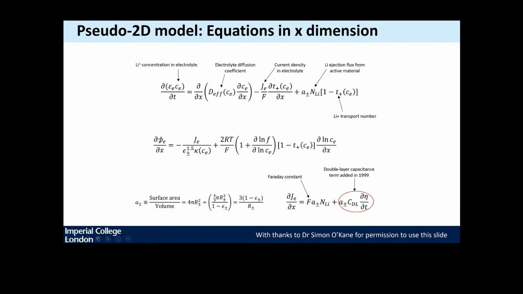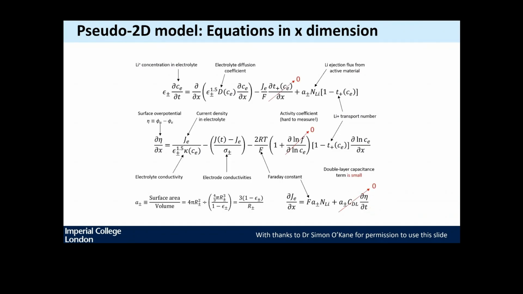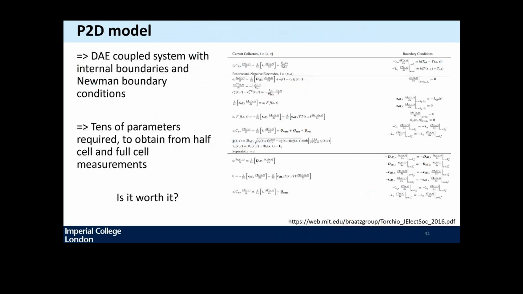And then these phi's are the potential. So I'm also solving for the potential at every point in the electrolyte. You can also have a double layer that's added that screens the electrodes, as obviously you are in an electrolyte. Lots of assumptions, don't worry about this. This is what you end up with, yes.